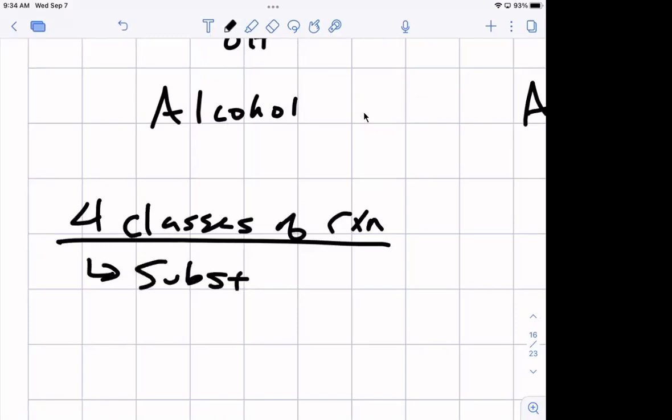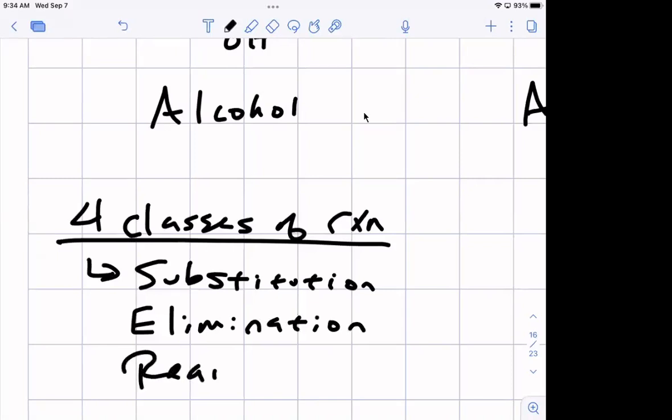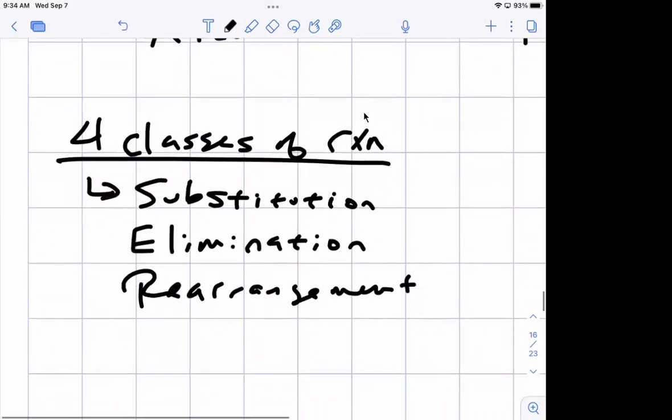So it's substitution, elimination, rearrangement, and addition.